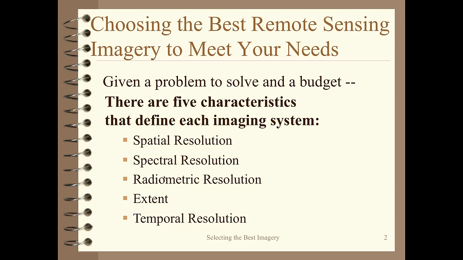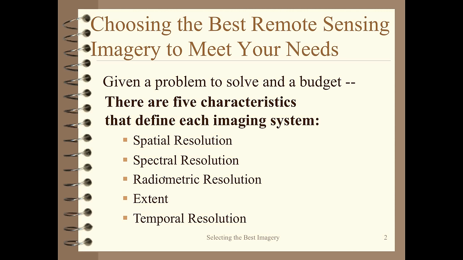Given whatever objective you have and whatever resources you have, you need to understand these 5 characteristics: spatial resolution, spectral resolution, radiometric resolution, extent, and temporal resolution. This describes remotely sensed imagery, and you can get lots of different imagery with all kinds of varying resolutions, so we need to be conversant in what these things mean.